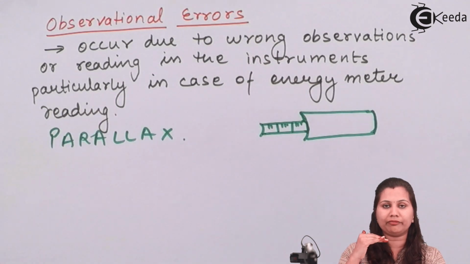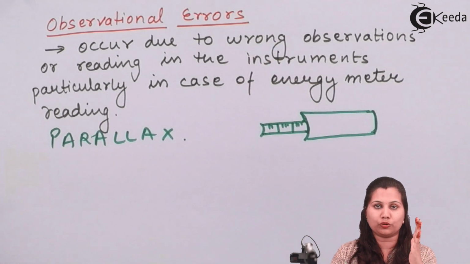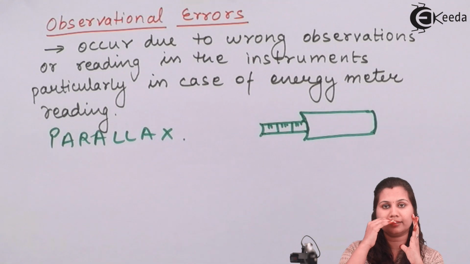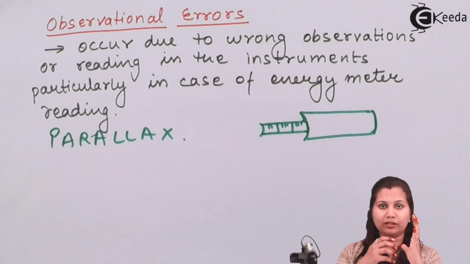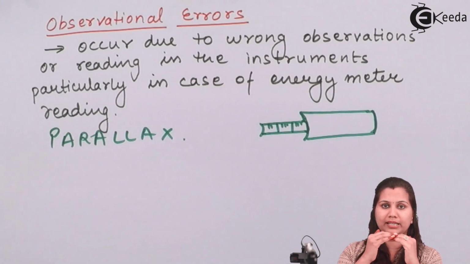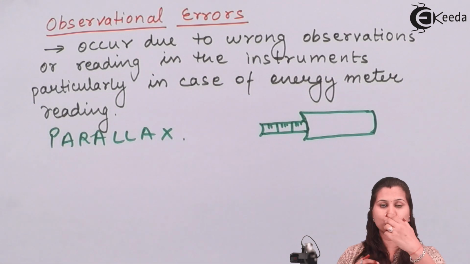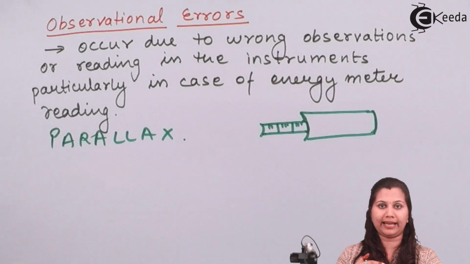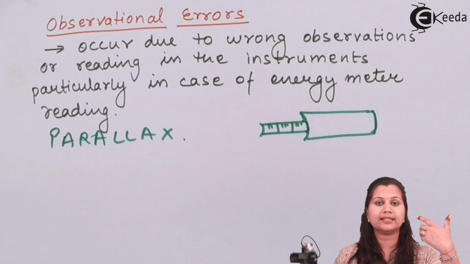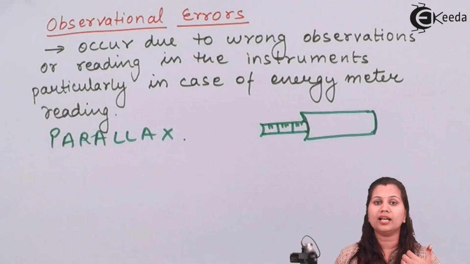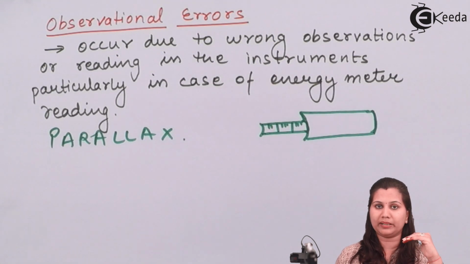Now if we are reading from a glass tube, and the glass tube is at the same level as the eye, then we will take one reading. If the glass tube is at a lower level than our eye level, then we will read the upper meniscus of the liquid, and if the glass tube is at a higher level than our eye level, then we are going to read the lower meniscus.